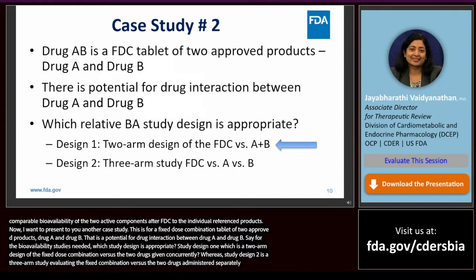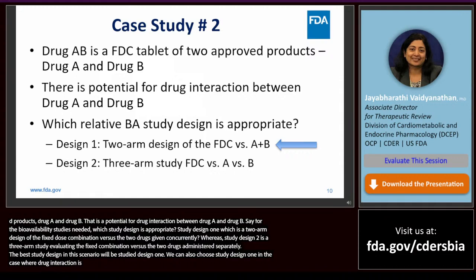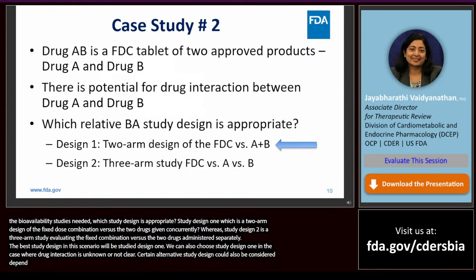The best study design in this scenario will be study design 1. We can also choose study design 1 in the case where drug interaction is unknown or not clear. Certain alternative study design could also be considered depending on specific situation.